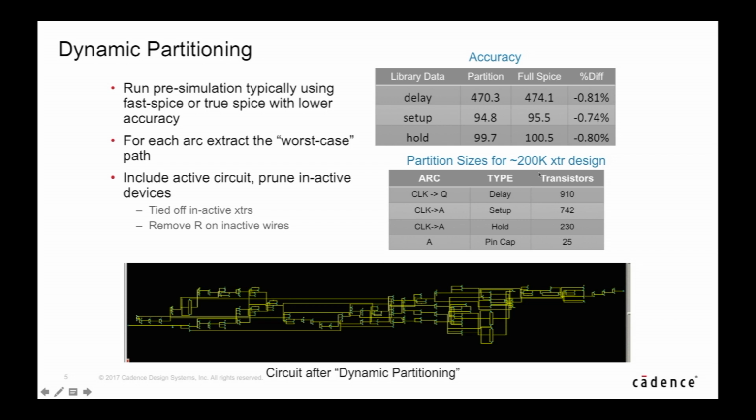And on the table above, we show you how much accuracy we actually lose in this modeling step. We usually are below 2 picoseconds, 2% in the worst case outliers.